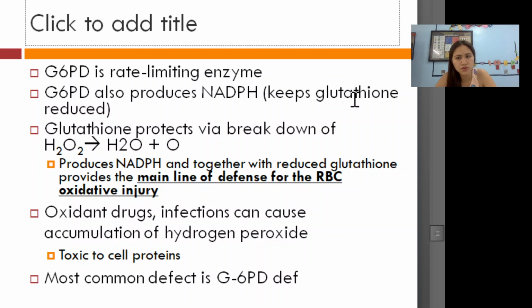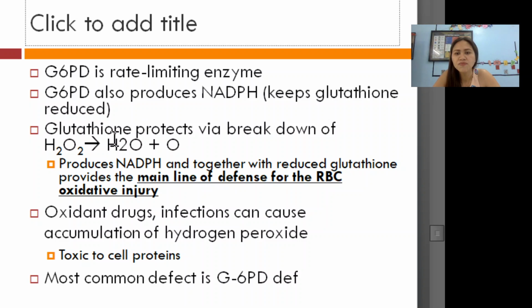Okay? Ngano din si glutathione? Glutathione is the one that protects our cells. Okay? Kaya every time na maka-encounter ta og mga oxidative factors like your H2O2, hydrogen peroxide, si glutathione ang mo-break down niya into water and oxygen. When we have a lot of this, our RBC is very, very prone to oxidative injury. Okay?